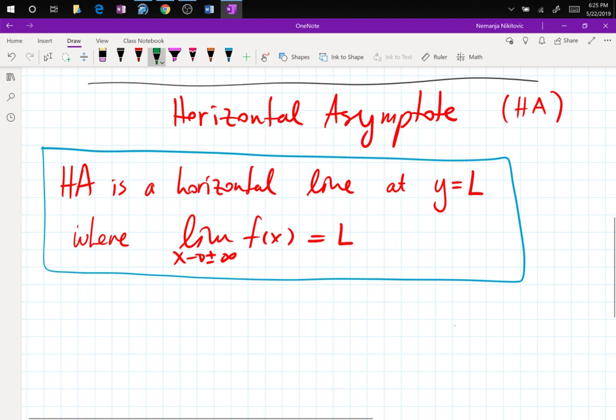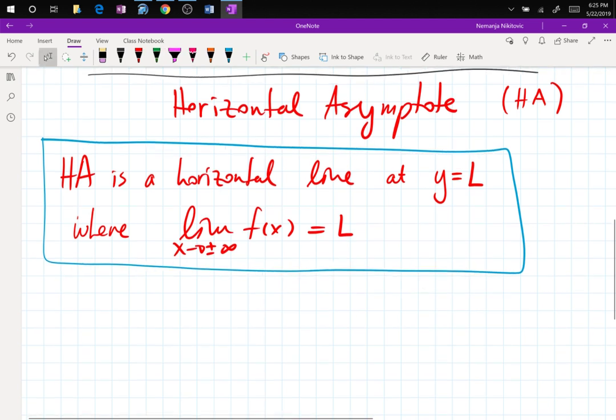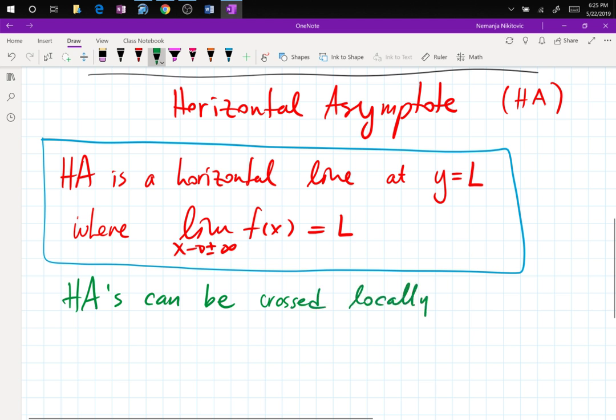So horizontal asymptotes can be crossed locally, but never at positive or negative infinities.